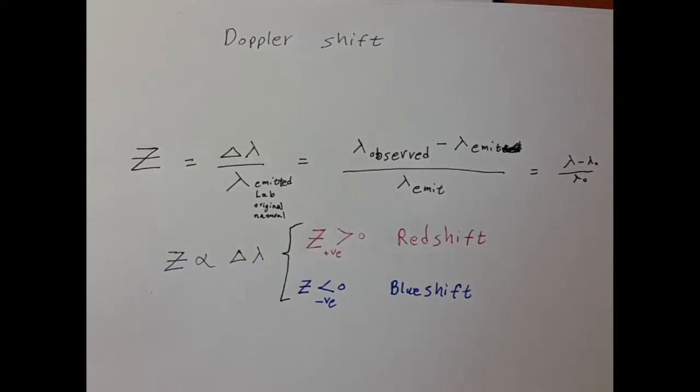So let's discuss how we can measure these redshifts. Like many other things in science, we want to be able to give numbers to things, and in this case it is the Doppler shift. We can introduce a variable which is going to be very useful for us later, and yet it is going to be dimensionless.